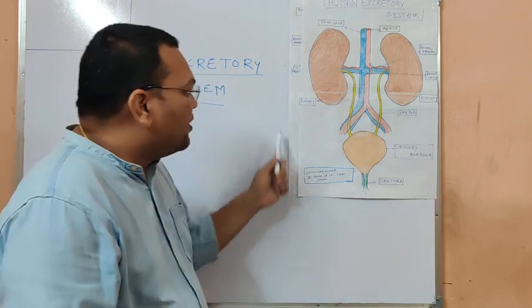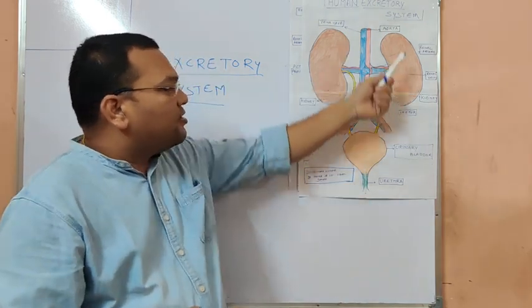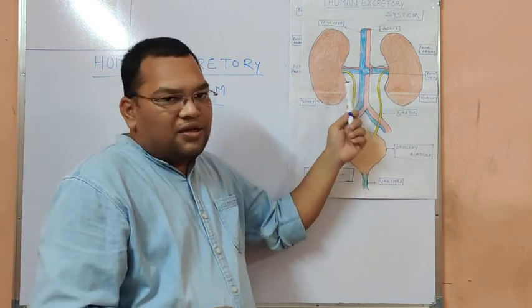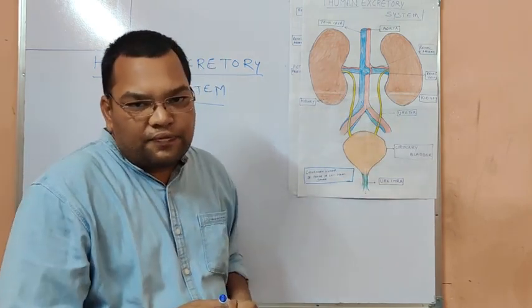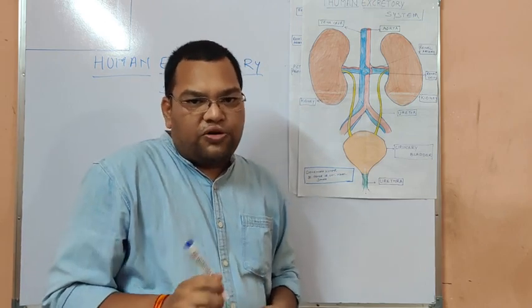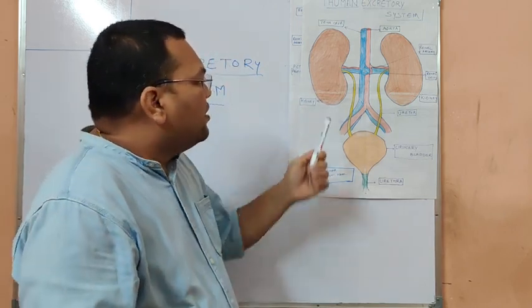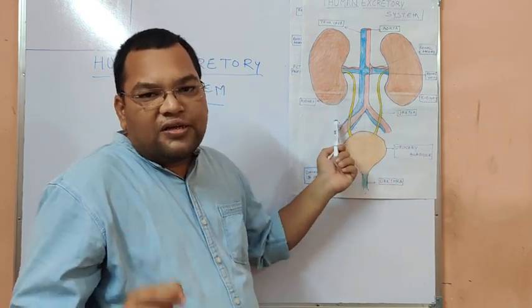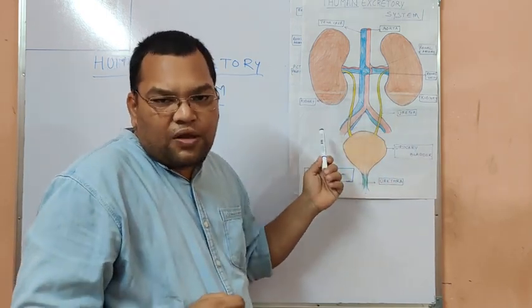As you see here in the diagram of the human excretory system, there is one pair of kidneys. That means two kidneys are there, and they are present in the abdomen region of our body. In the two kidneys the filtration occurs, where the blood is filtered.